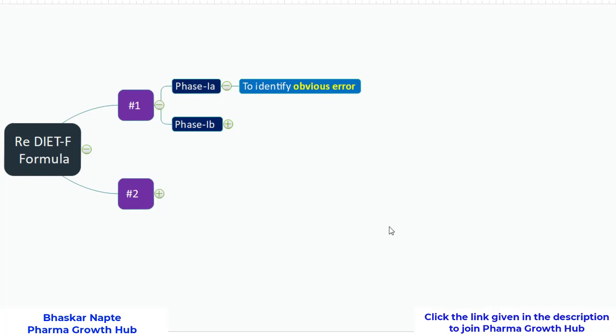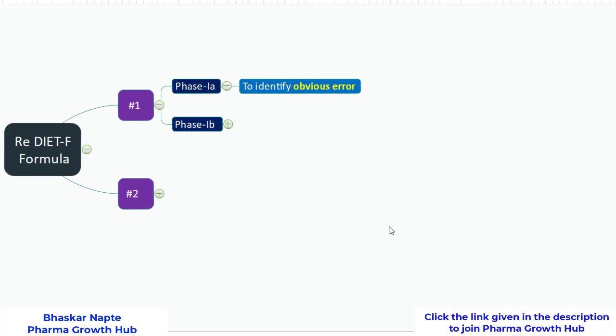Will you be able to detect calculation error just by checking the calculation formula? Absolutely. Can you detect the error during preparation of the HPLC instrument method? You can easily check the instrument parameters and you can detect it very obviously.